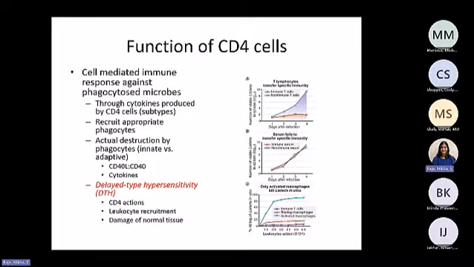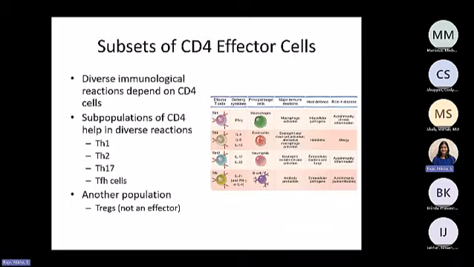This interaction helps with delayed type hypersensitivity, and that's because of the action of CD4 cells recruiting leukocytes, and that actually leads to damage of some of the normal tissue that you can see in the TB test or similar experiments with Candida antigen.